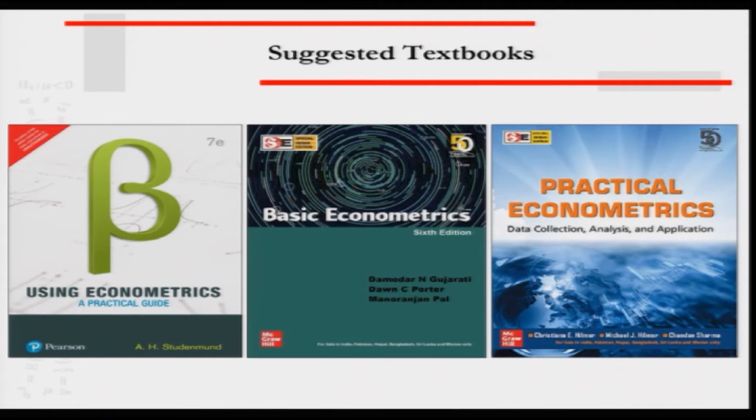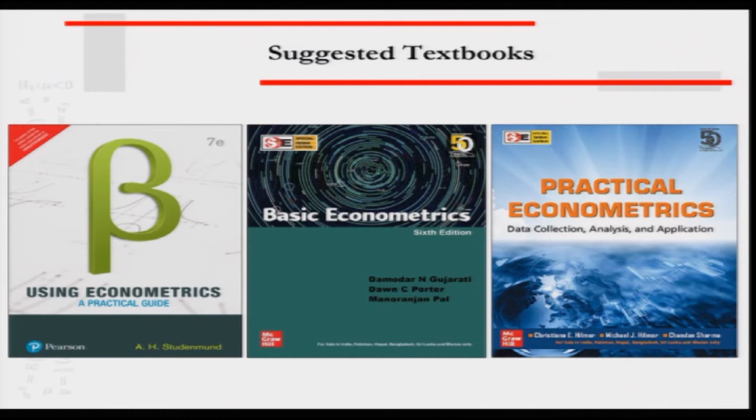So, the second part of the course is developed based on 3 textbooks, and I have borrowed some materials from these excellent textbooks. Let me show you these books. So, here I show these 3 textbooks. Let me start with the one titled Using Econometrics, written by Studenmund.